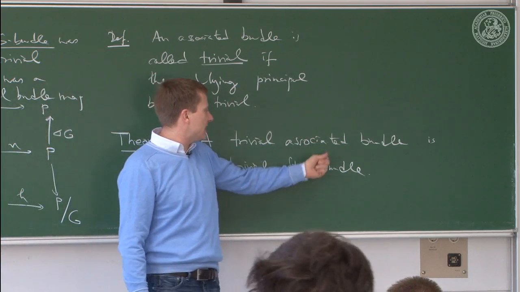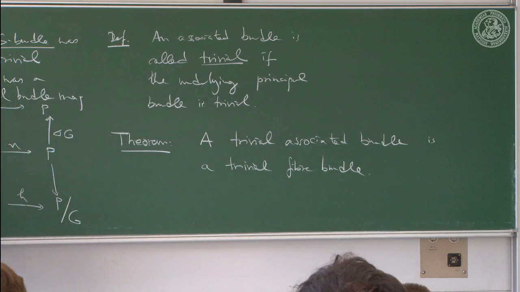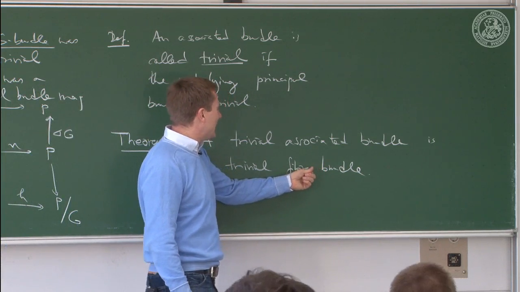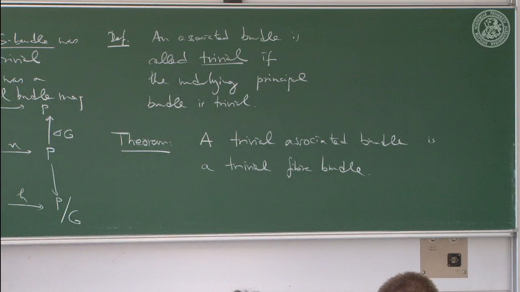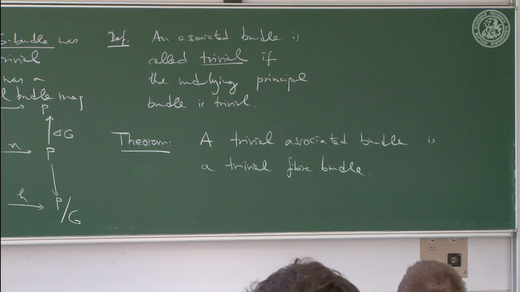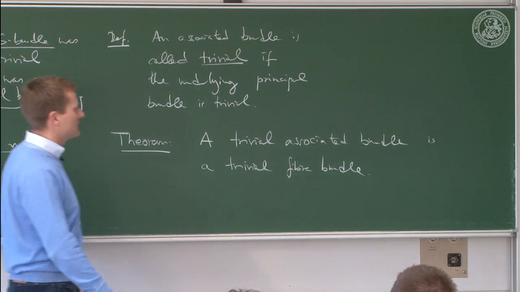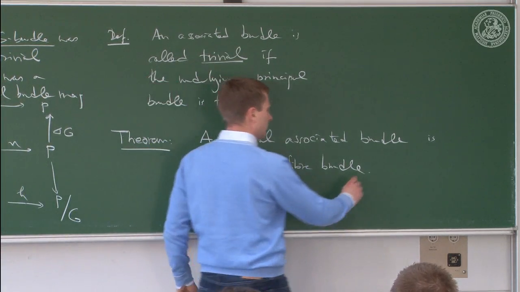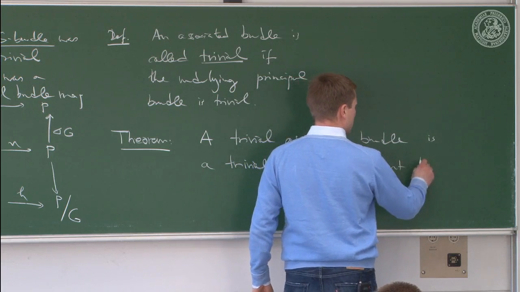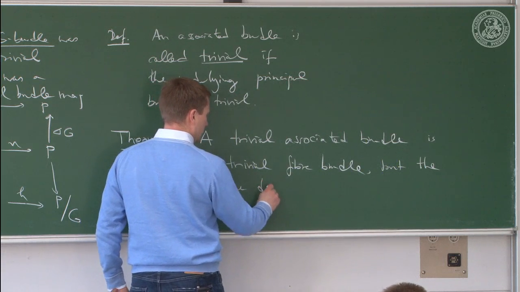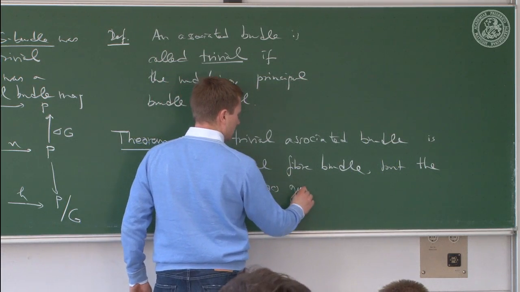And if I then talk of it as a fiber bundle, I would look at the associated bundle, which is a fiber bundle, and I can then show that this associated bundle is isomorphic to its base space times the fiber M. Okay, it's a non-trivial statement. Trivial associated bundle is a trivial fiber bundle, but the converse does not hold. The converse does generally not hold.